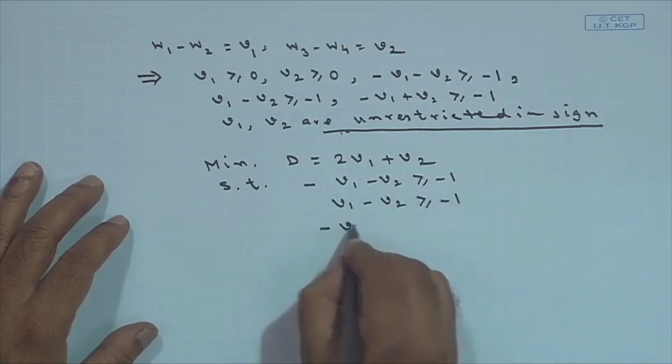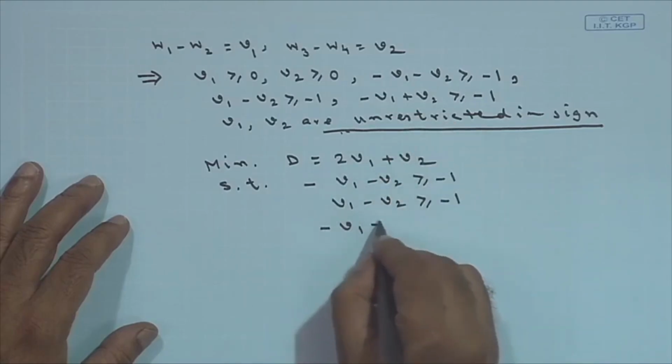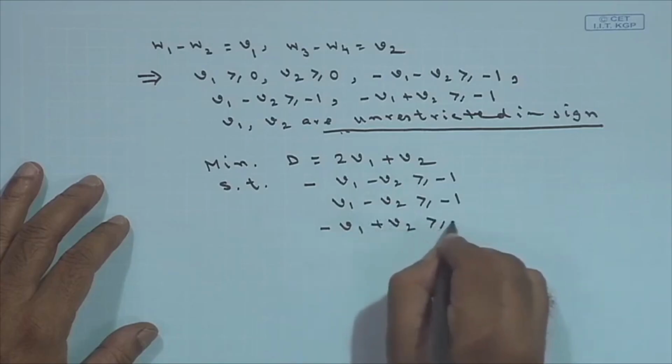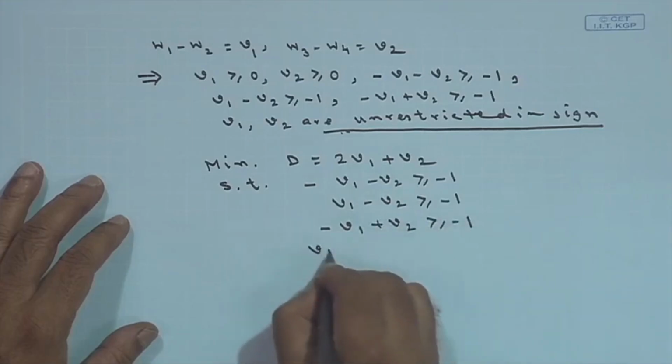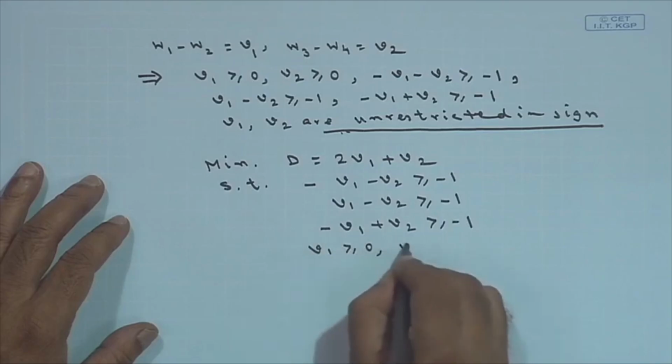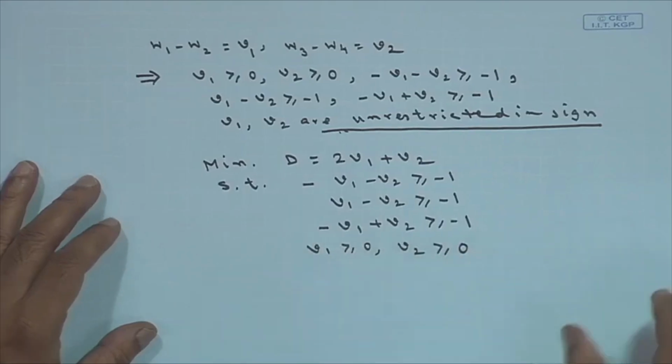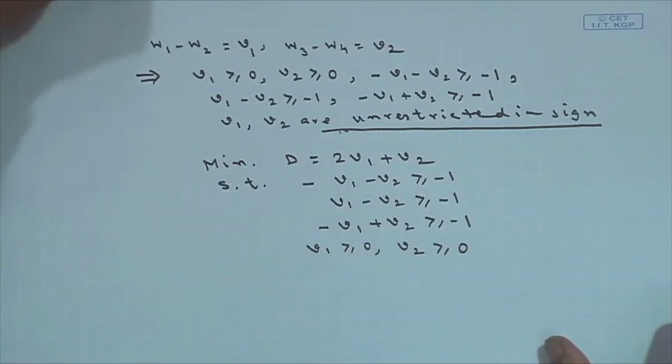Third one is minus V1 plus V2 greater than equals minus 1 and V1 greater than equals 0, V2 greater than equals 0. So, like this way we can convert a problem into its dual problem.